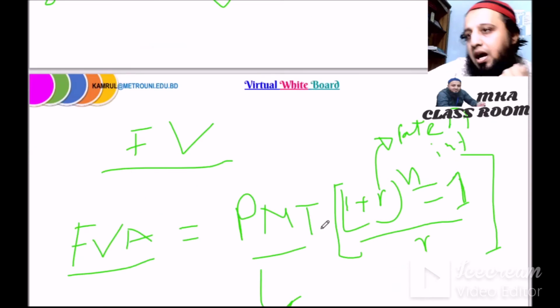That is the formula for finding future value of ordinary annuity.